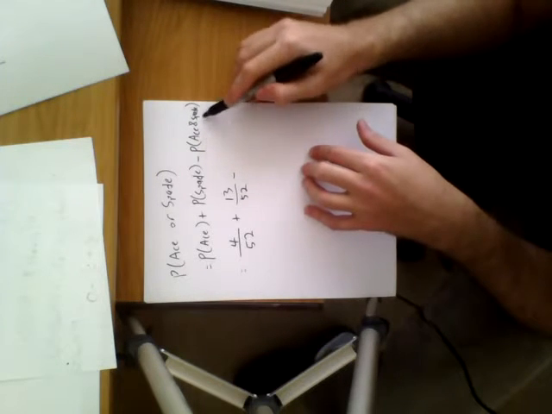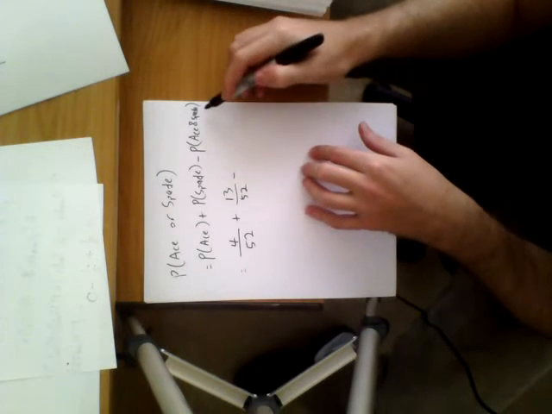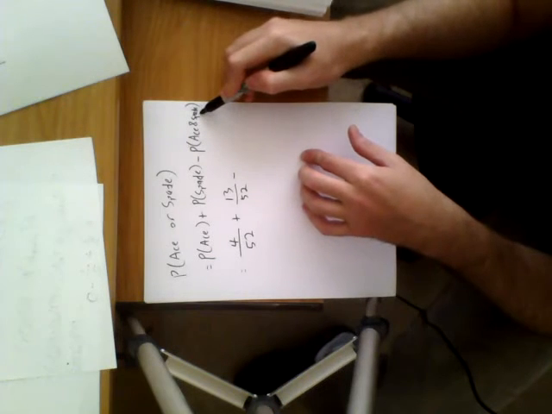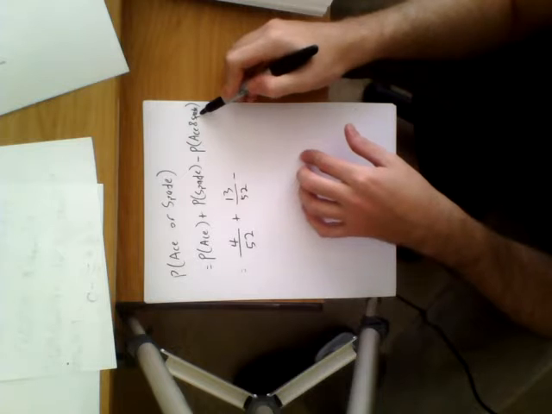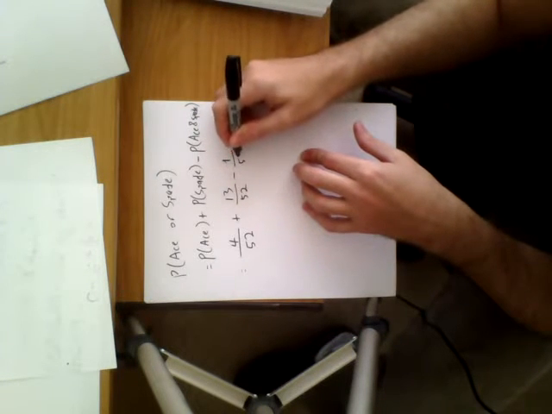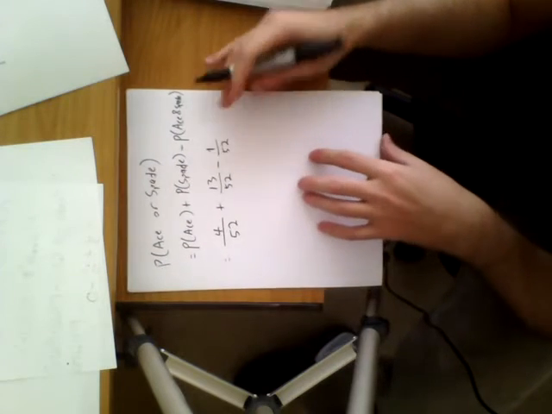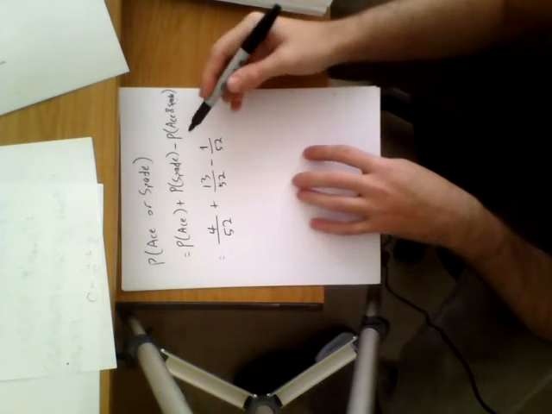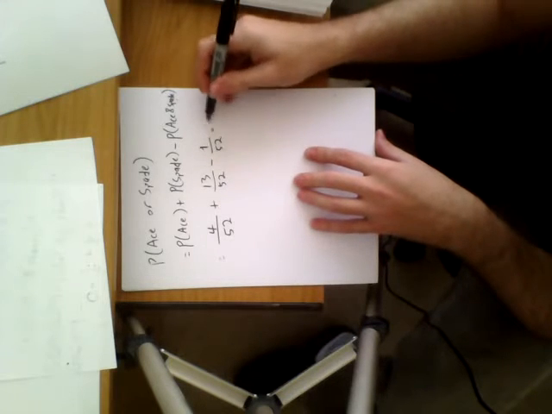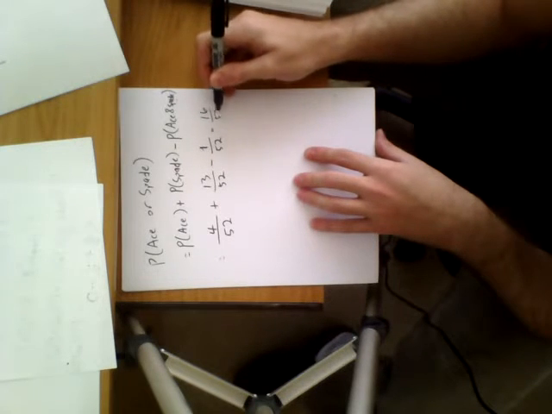You notice that an ace and a spade here, these are not disjoint. We can have something that is both an ace and a spade. Let's call it the ace of spades, right? We only have one of them. So the probability of this would be 1 out of 52. So adding these things together, we get 17 minus 1 equals 16 out of 52.